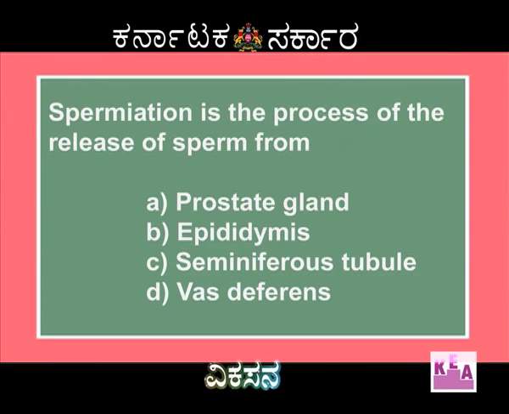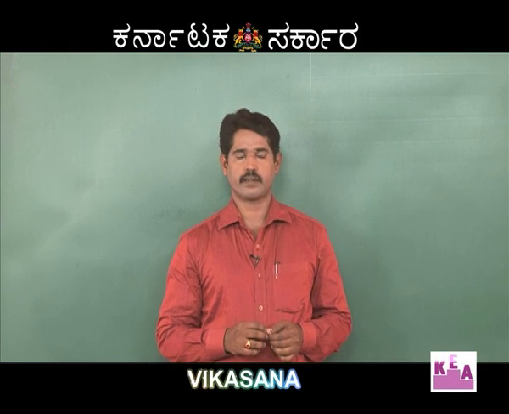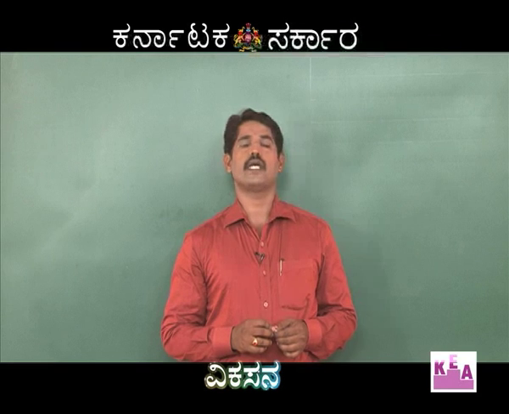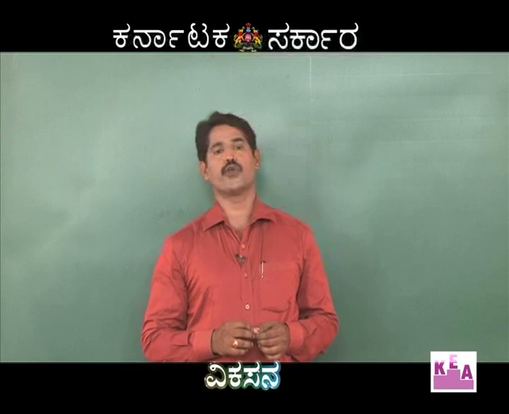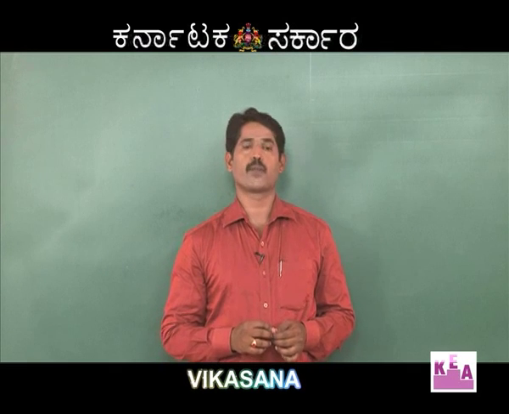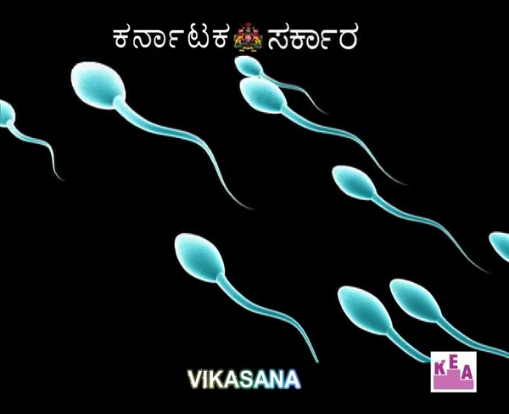Epididymis, as I said earlier, is a highly coiled conducting duct. Seminiferous tubule is the structural and functional unit of the testes, and it is the main site for the production of sperms.